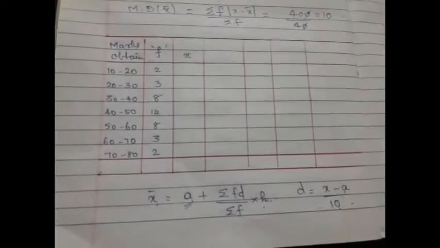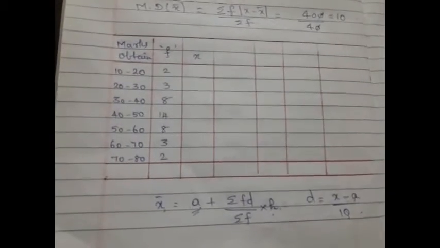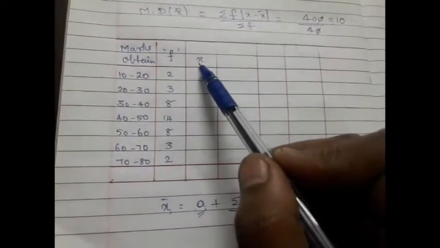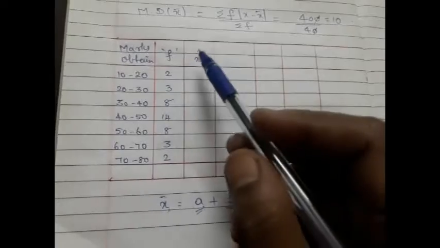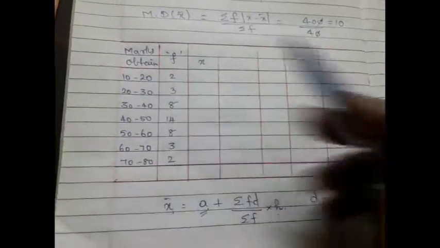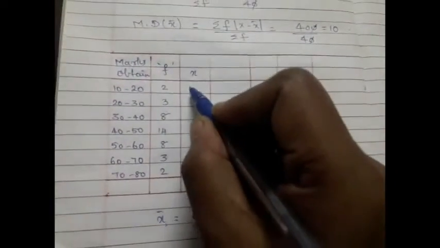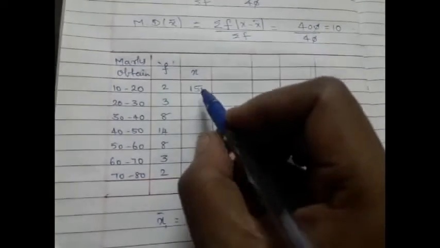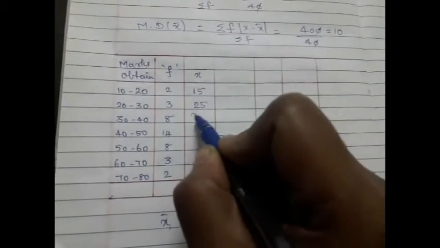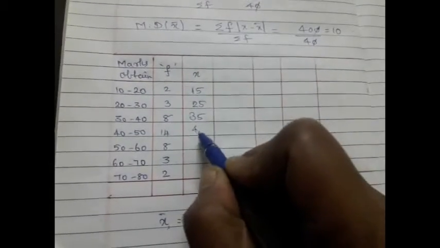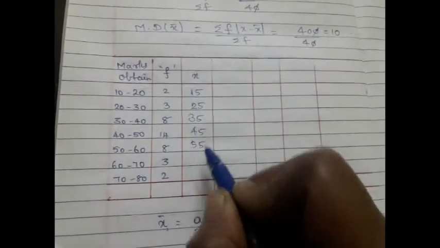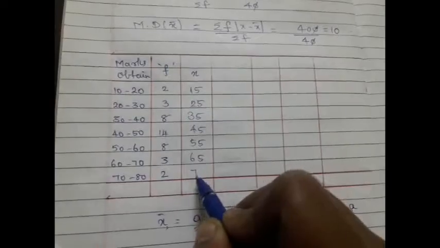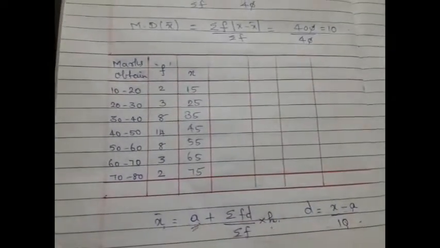We can make it easier by using this method. So first, as usual, we have to find the x values. As we did in the previous question, we have to find the midpoint. So midpoint: 10 plus 20 divided by 2 is 15. So it is going to be 15, 25, 35, 45, 55, 65 and 75. Now we have to choose our A.